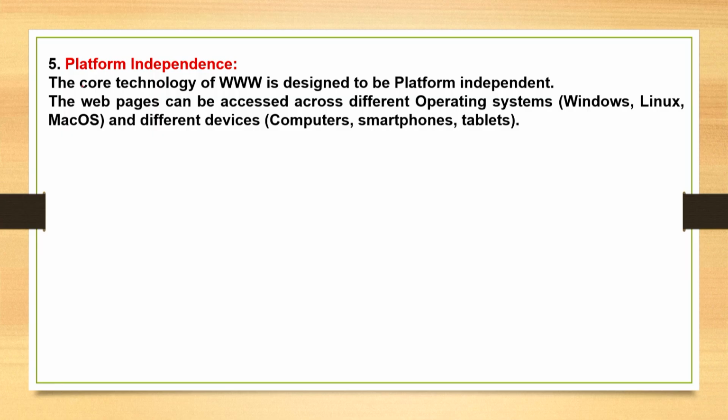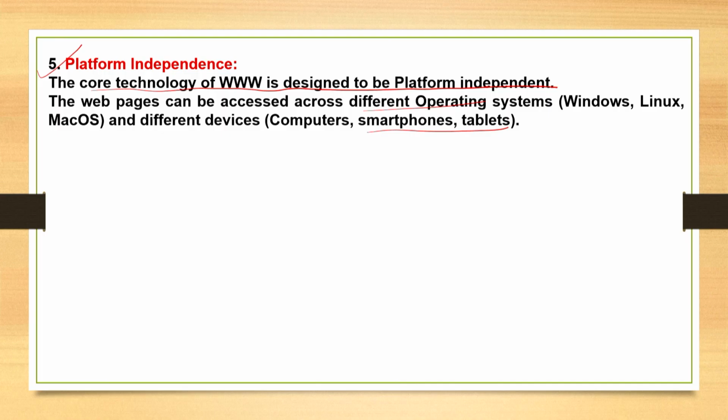Next feature is platform independence. The core technology of WWW is designed to be platform independent. It means what? The web pages can be accessed across any type of operating system.